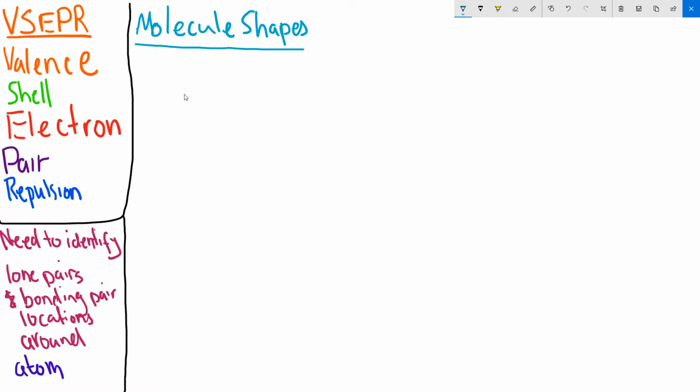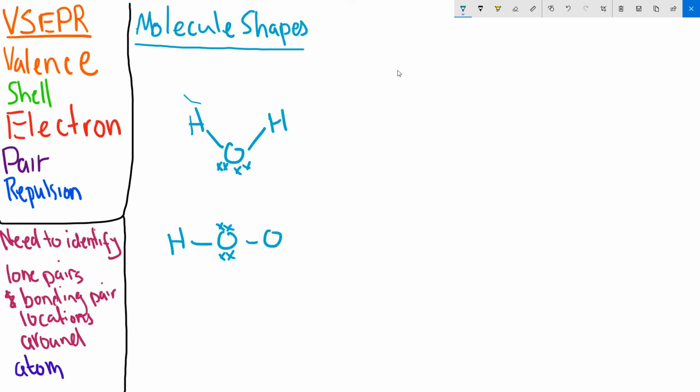And we take, for example, let's do water. We know that we actually get a bent structure for water. The reason why it does not form a linear structure is because of these lone pairs of electrons.